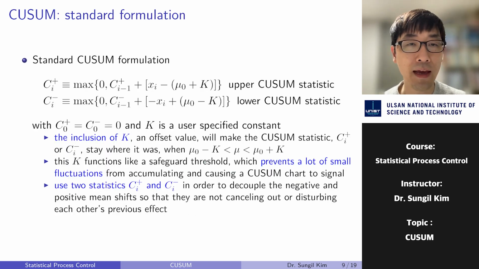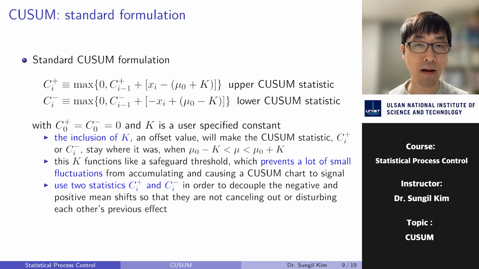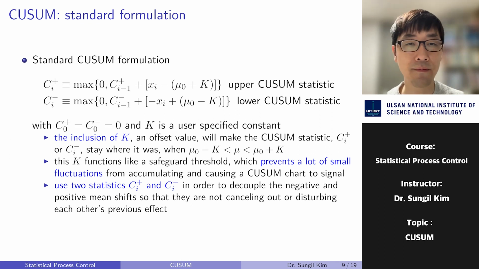Now let me formulate the standard version of QSUM. This is somewhat different from the concept version of QSUM. First, the upper QSUM statistic and lower QSUM statistic are defined separately. This is to decouple the negative and positive mean shifts so that they are not canceling out or disturbing each other's previous effect.